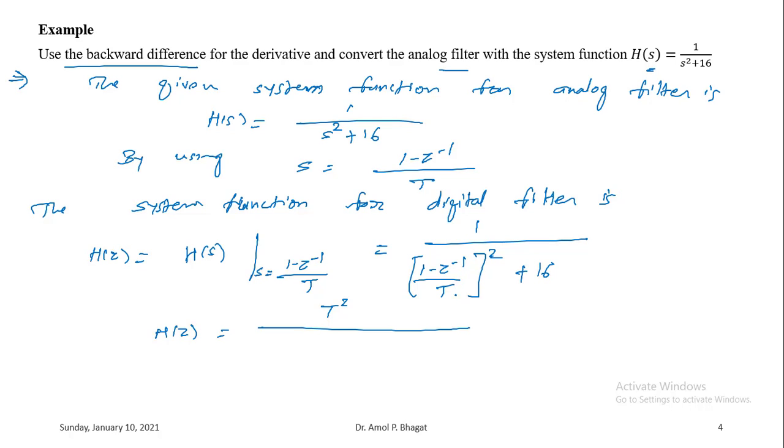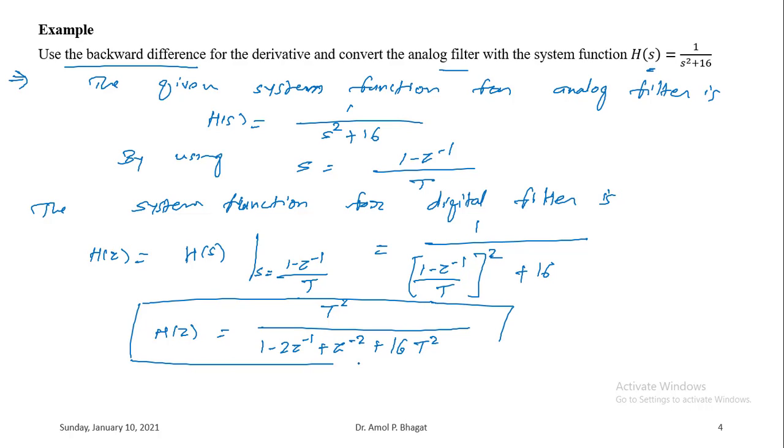So 1 - 2z^-1 + z^-2 + 16T^2. This is the required system function for the digital filter. Again, capital T value is not specified in the example, so we'll assume capital T equals 1 second.